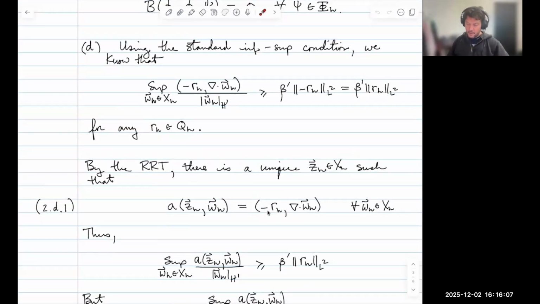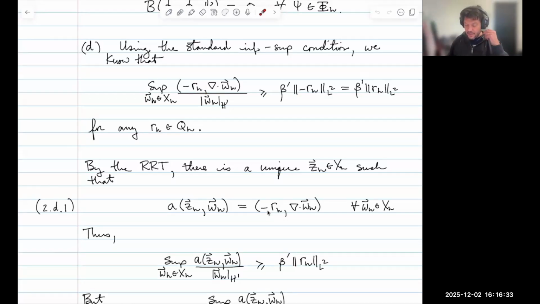I've got to use somewhere along the lines the inf sup condition. So what does the inf sup condition say for our two spaces? It says if you give me an RH in QH, then this sort of inequality can hold. Now, actually, I'm using the inf sup condition for minus RH. Is that legal? Yes.